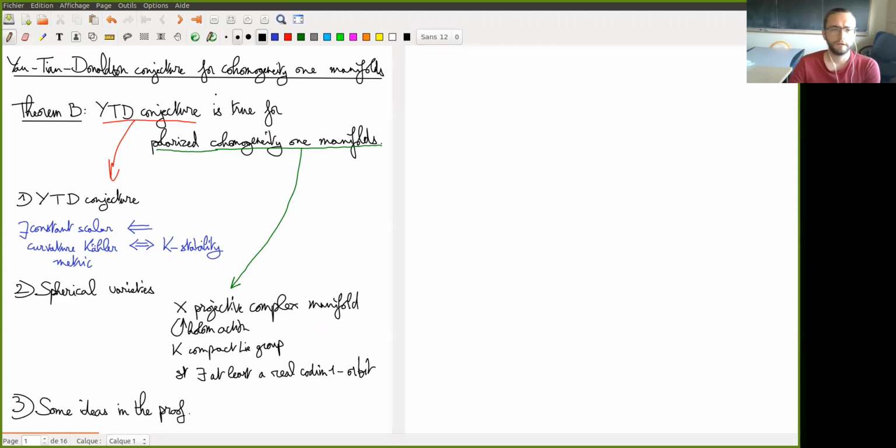And actually in the projective complex world, these manifolds belong to a class of varieties which is much more studied from the algebro-geometric side, which is the class of spherical varieties. So I'll introduce these a bit later on, and then I'll give some ideas of the proof.